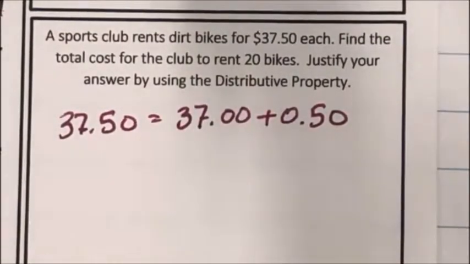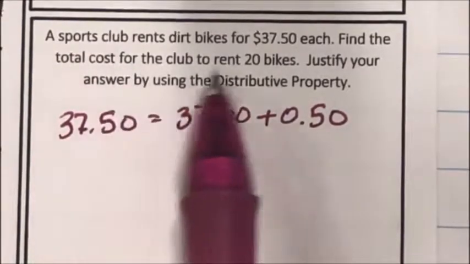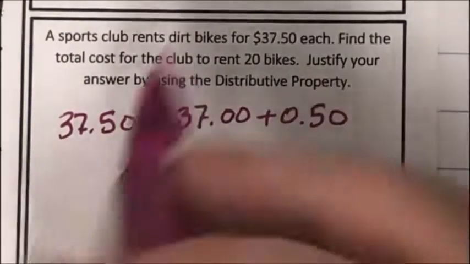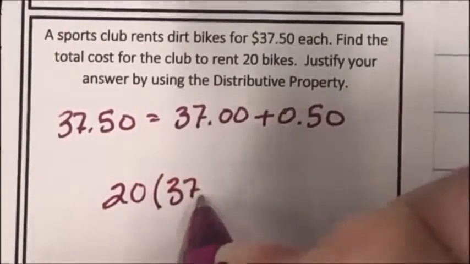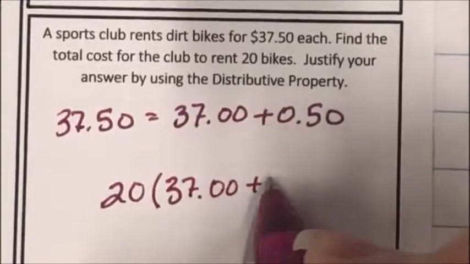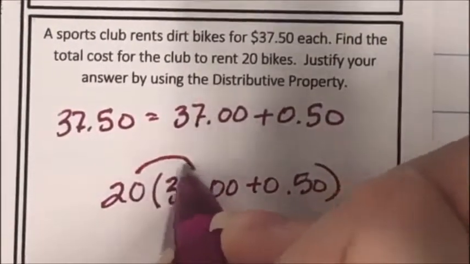So this way I can do mental math. I'm renting 20 bikes, so I'm going to set it up 20 times $37 plus 50 cents, using the distributive property.